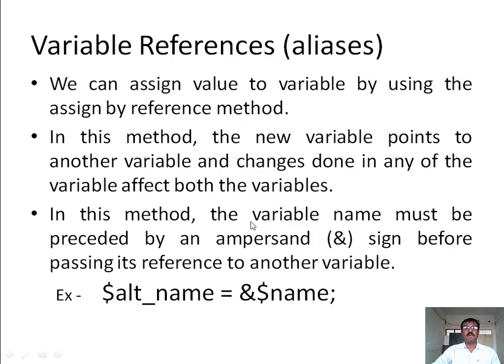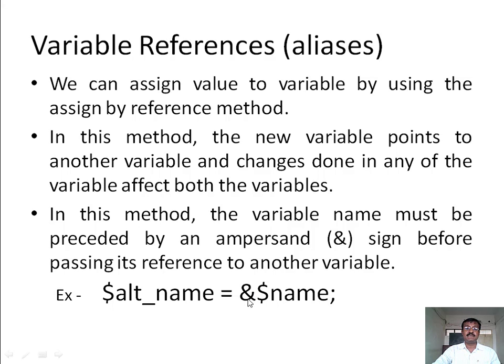In this method, the variable name must be preceded by an ampersand sign before passing its reference to another variable. This example helps us understand the concept better. Here altName is a variable, and I am assigning it the reference of the variable called name.